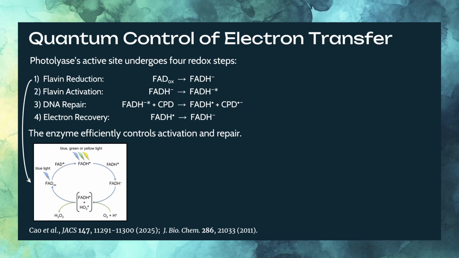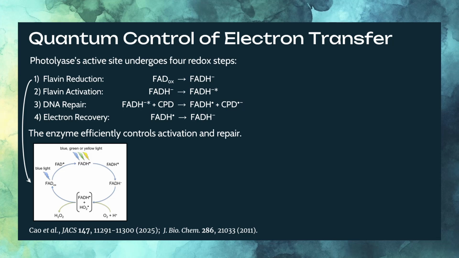Now, once the fully reduced FADH minus state is formed, it has to absorb yet another, in fact a third, photon in order to produce the excited FADH minus star state, that excitonic state.